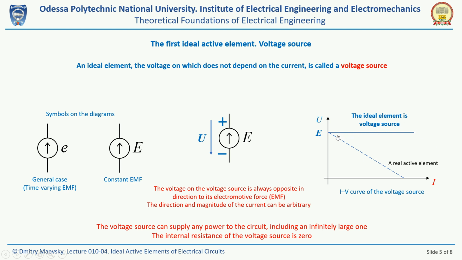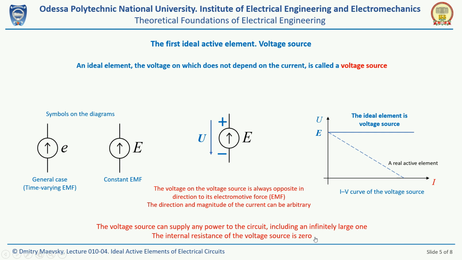Indeed, by definition, the voltage at the terminals of the voltage source remains unchanged, and it's always equal to its electromotive force. This can only be if the internal resistance of this source is zero.